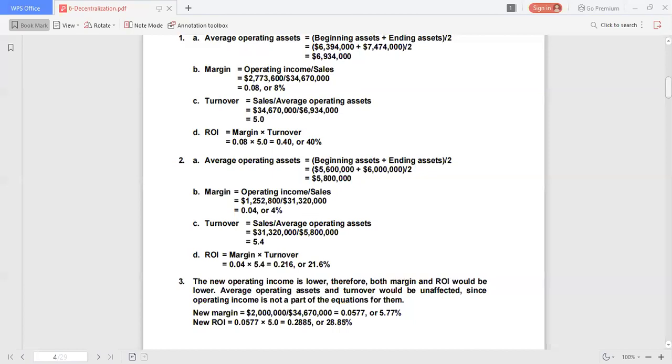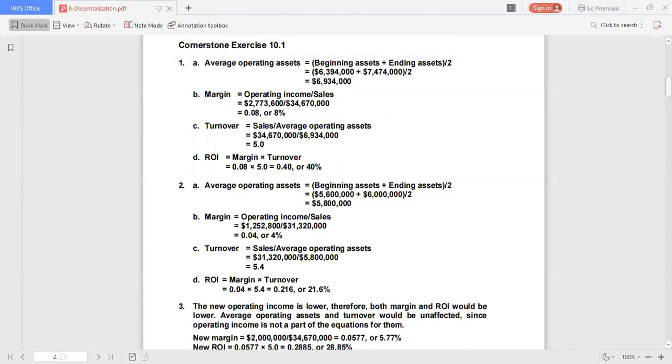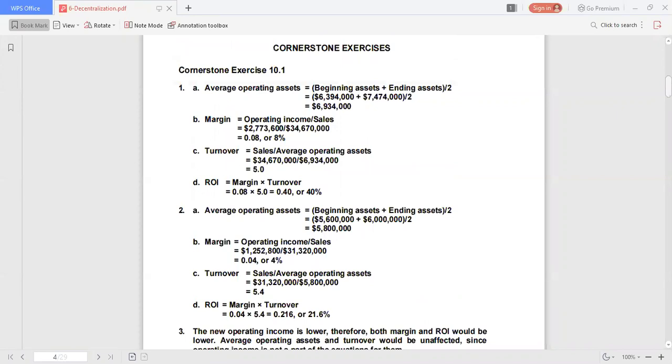In the case of letter A, we have 6394 and 7474, total in millions, divided by 2.